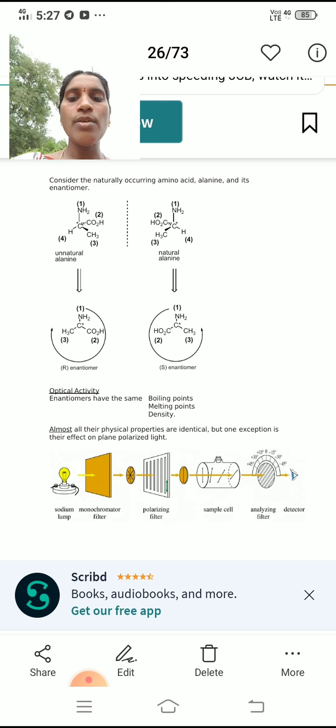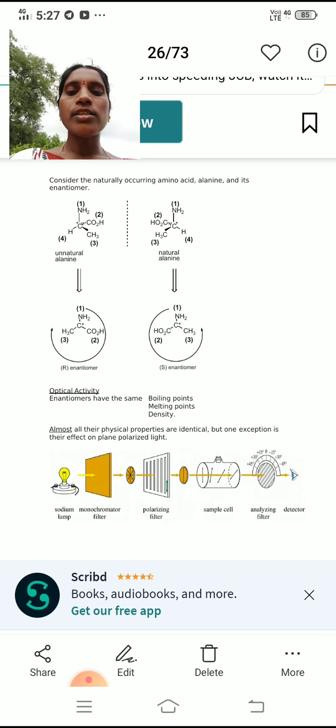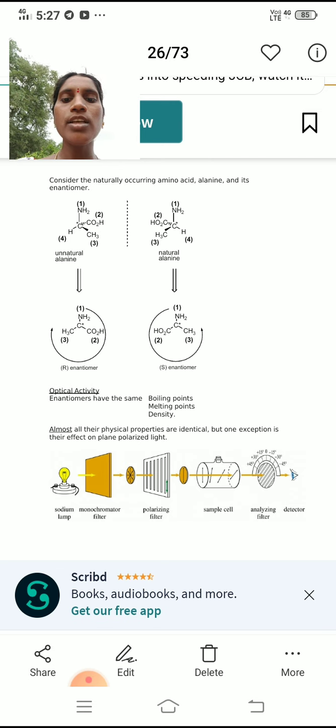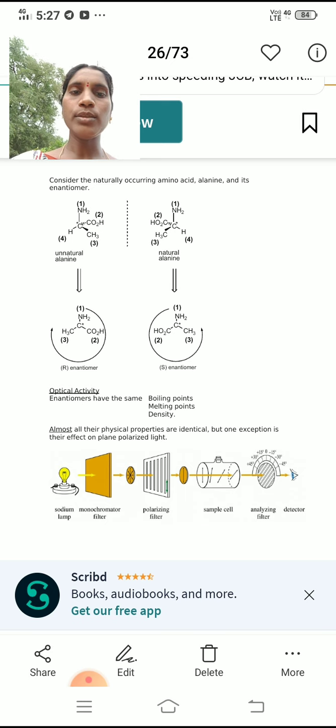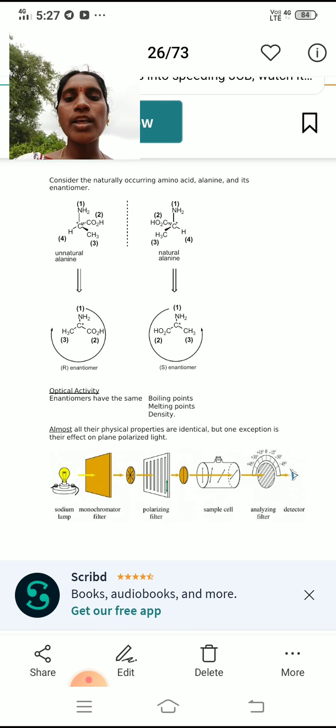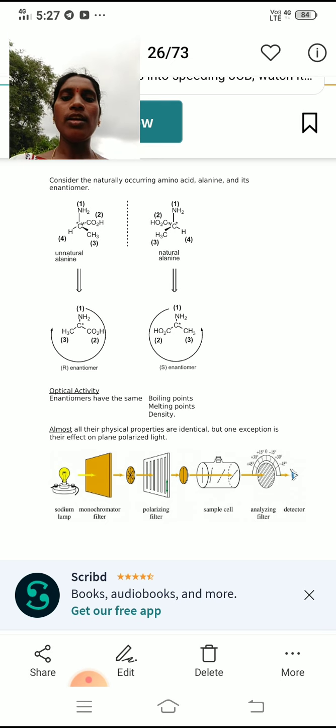For example, let us take a sodium lamp. That is normal light, which can pass in all directions. When that sodium light passes through the monochromator filter, it filters only one directional light.